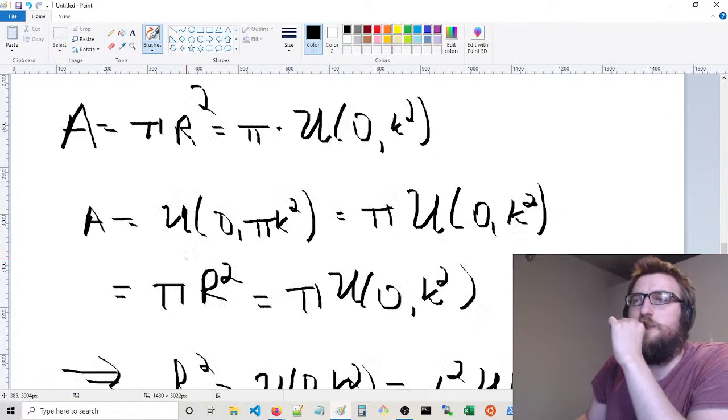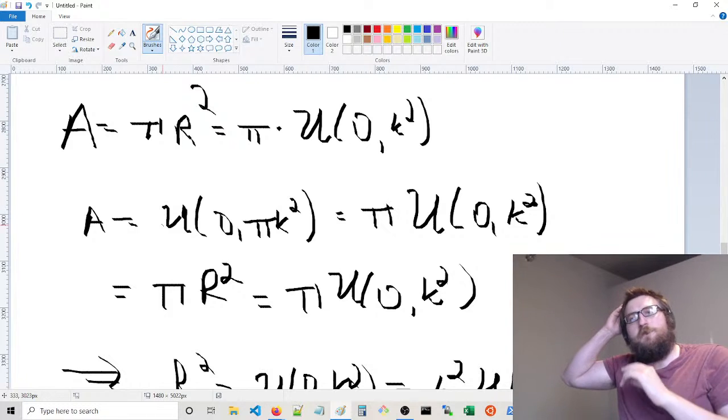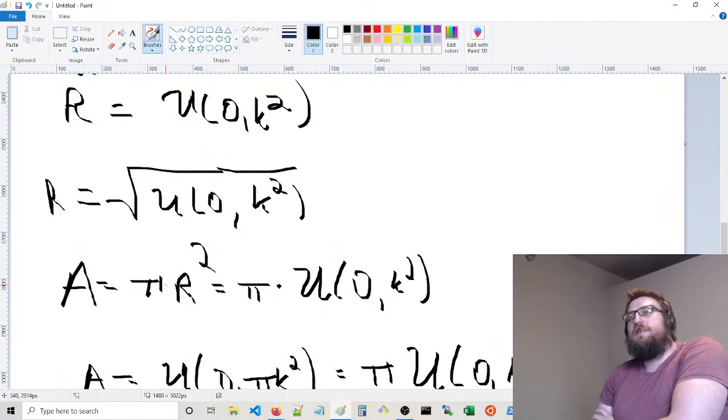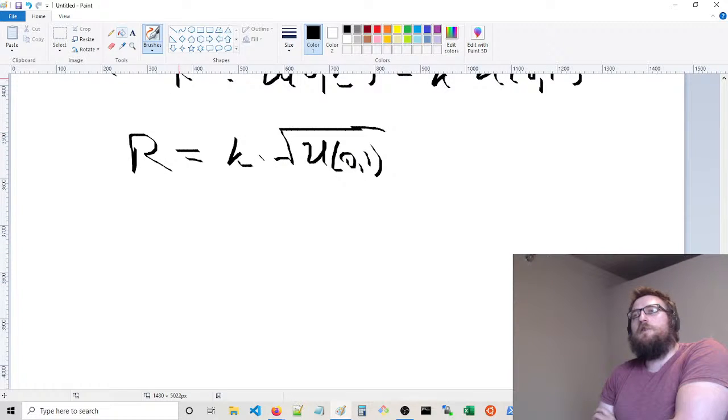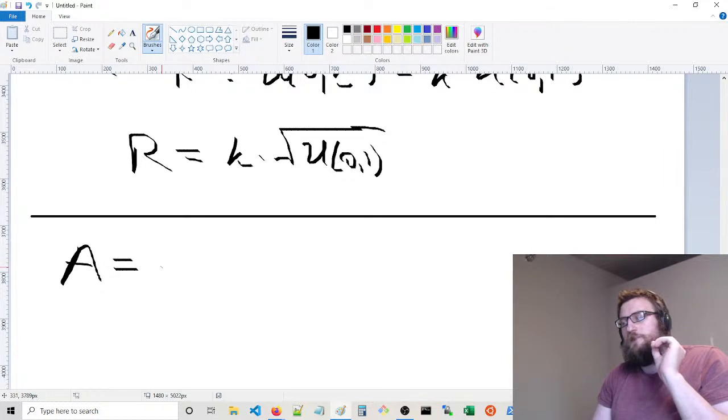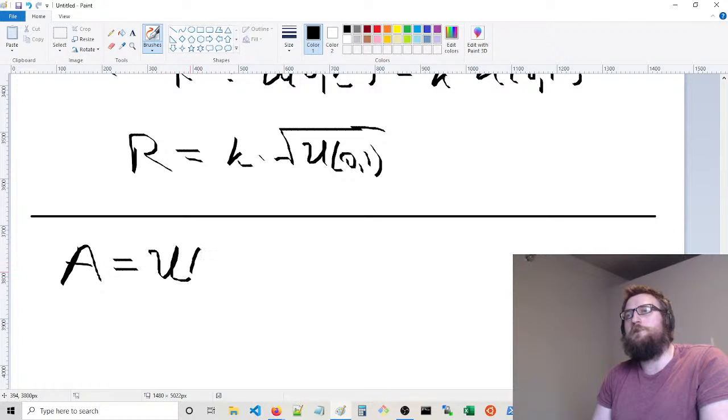Okay, I see how you get it. It's actually really simple, but it's just kind of hard to understand. What you're doing is saying, let every point from the area be uniformly distributed.